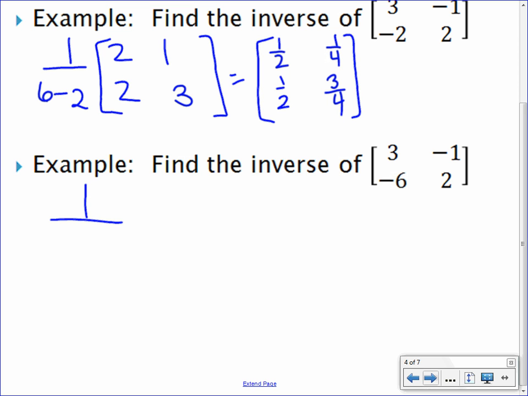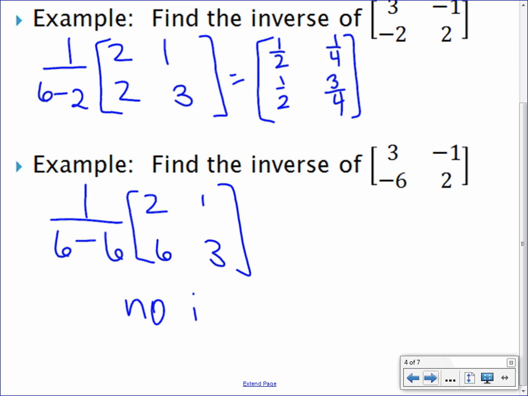Our Chris product is 6, minus our cross product is 0, which is undefined. We have 1/0. We cannot divide by 0. So in this case, no inverse exists.